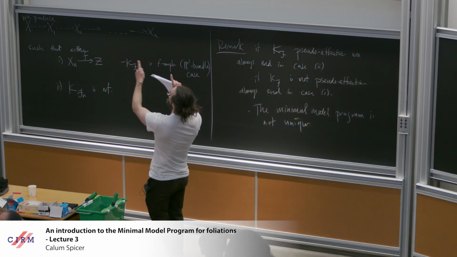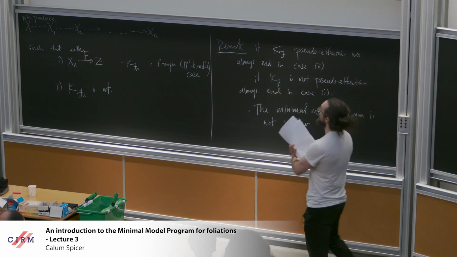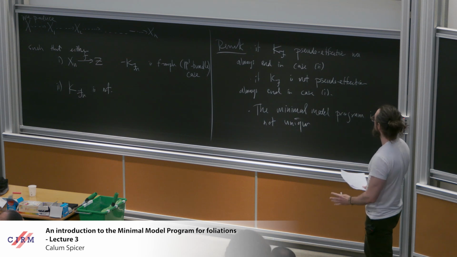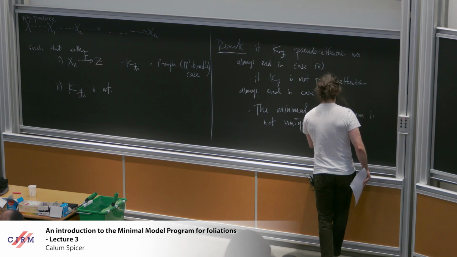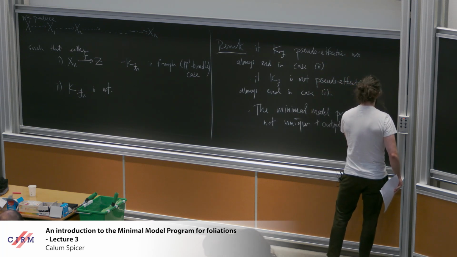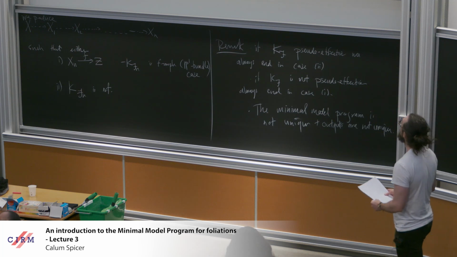So we have to choose some R. And the cone theorem doesn't tell us a preferred R to choose, so we have to make a choice at every step. So in particular, the outputs of the MMP are not unique. But there is a lot that one can say about how different outputs of the MMP are related.